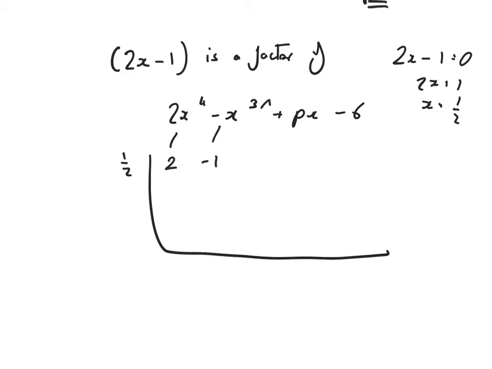Remember that there is a 0x squared coefficient here. So that's 0, p, and minus 6.